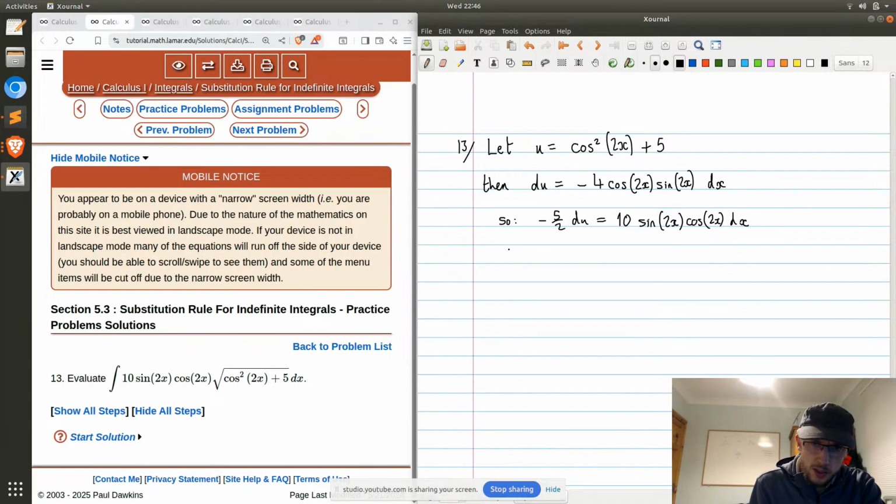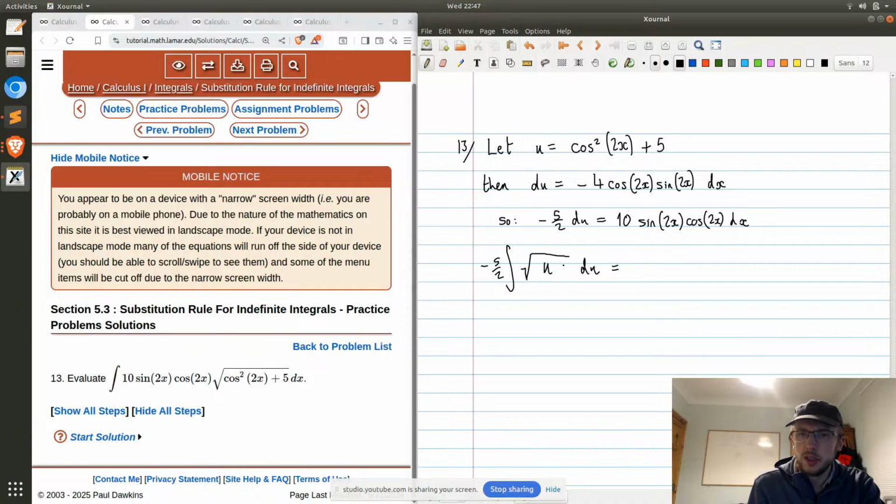So now the original integral becomes -5/2 root u du. Compute. That's u to the half.